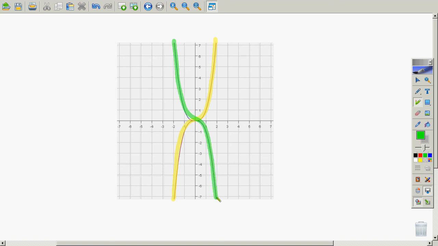So it's not two parabolas. This is y1, this is y2. And again, it looks like it's flipped. Okay, well, with those notes, now you're ready to go on to the Act 2 activity for Learning Target 7.3.